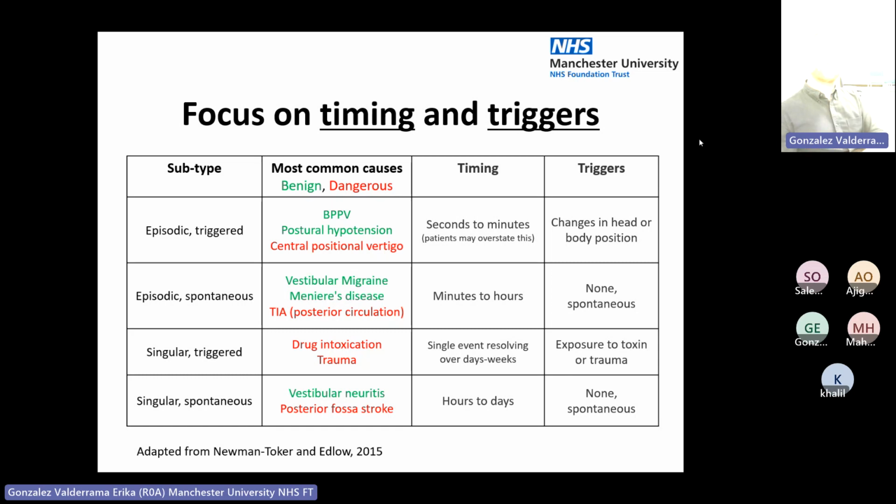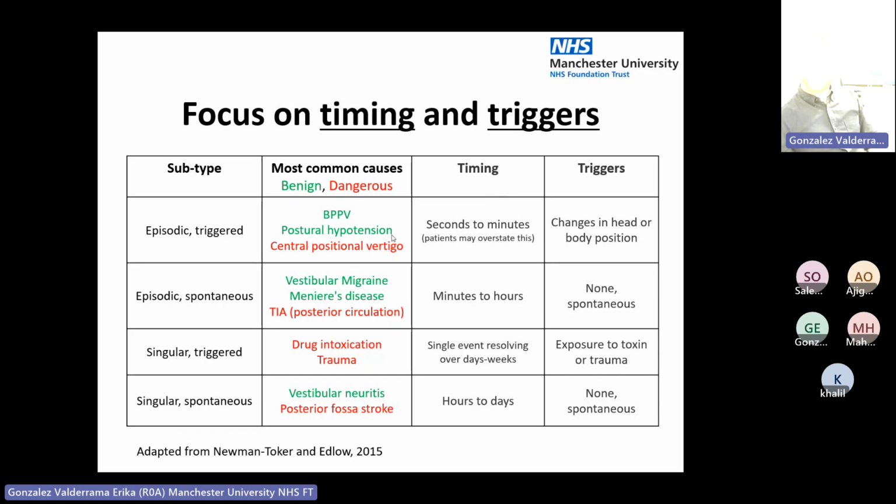So if we look at episodic triggered stuff, on the whole, this will be BPPV. And for these categories you want to think about the timing and the triggers. Each of these categories lasts for different periods of time, and they tend to be triggered by something or not.